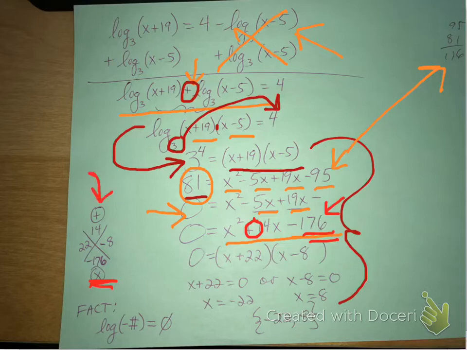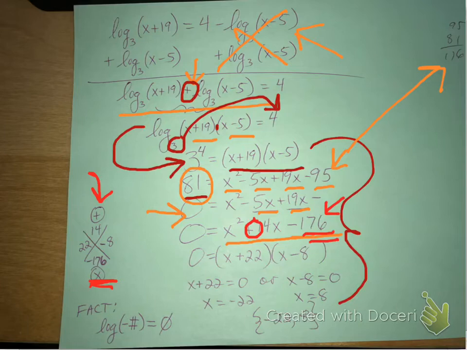So I fiddled around with my calculator, and I just kept trying numbers, like 19 times 5, 20 times 6, 21 times 14, that didn't work. I did 22 times 8 and so forth.